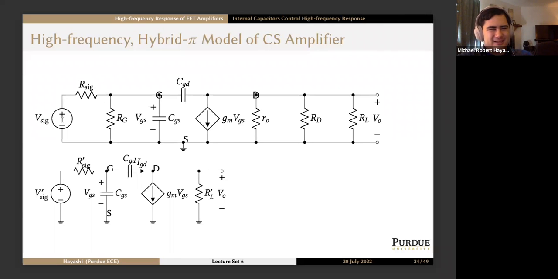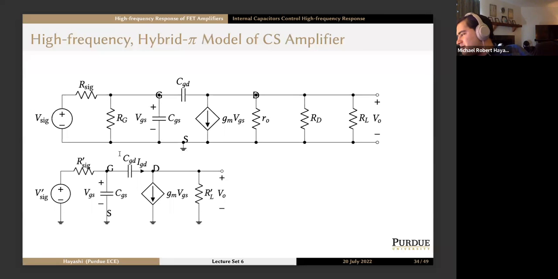We have our Thevenin equivalent source and our equivalent biasing resistor outside. The source is grounded. Always remember to ground your terminals if they're supposed to be grounded. We have our hybrid pi model in the middle with CGS, CGD, gm VGS, and R sub O. And then we have our external resistors, RD and RL.